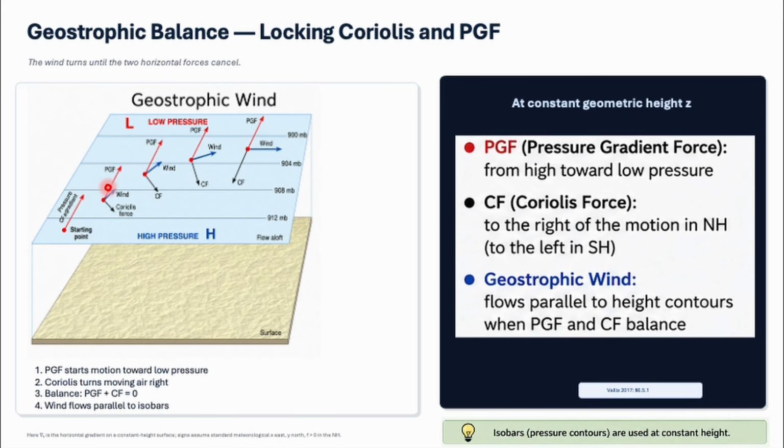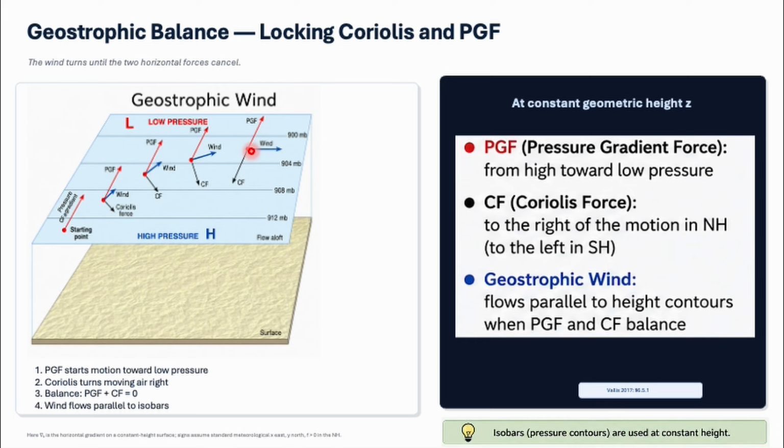As soon as it starts moving, the Coriolis force appears at right angles to its motion in the northern hemisphere. At each point, we see that the Coriolis force is increasing and deflecting the wind towards its right. The wind keeps turning until the Coriolis force points opposite the pressure gradient force.